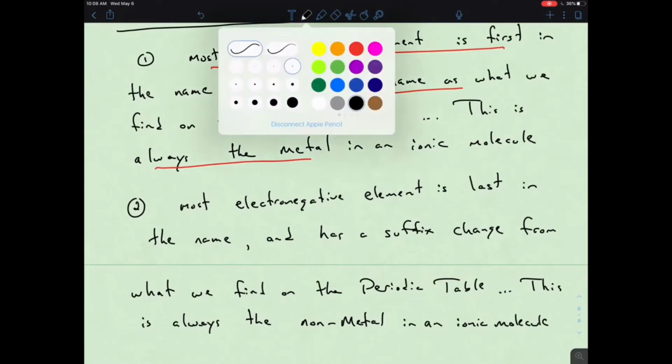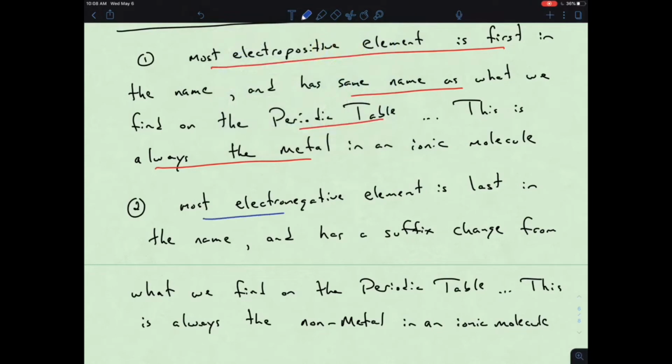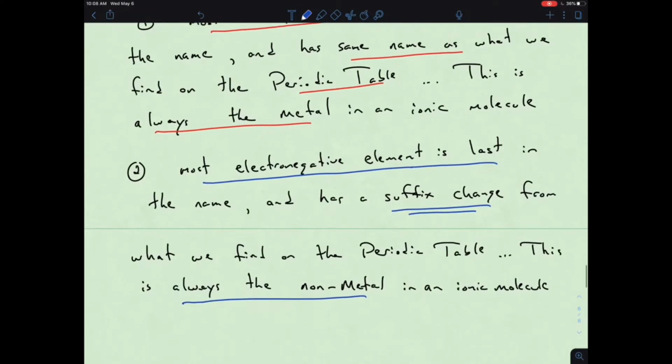So we have the most electropositive element, we have the most electronegative element, and that is last. We have a suffix change from what we find on the periodic table, and this is again always the non-metal in an ionic molecule. The suffix change is IDE, or -ide.